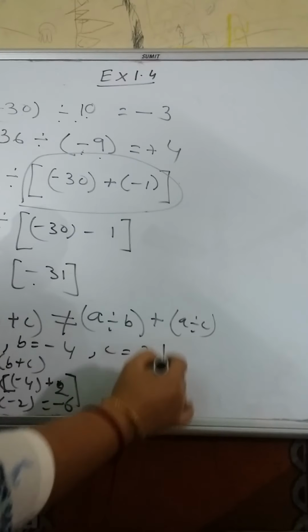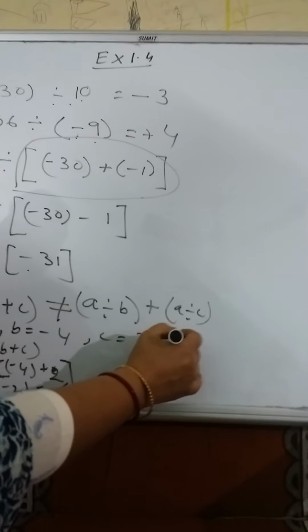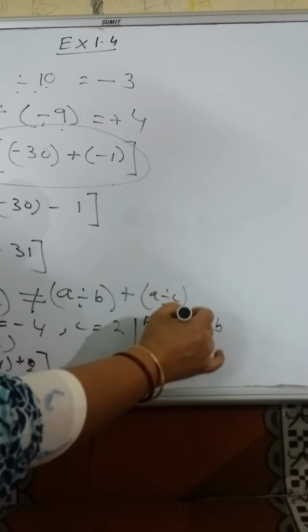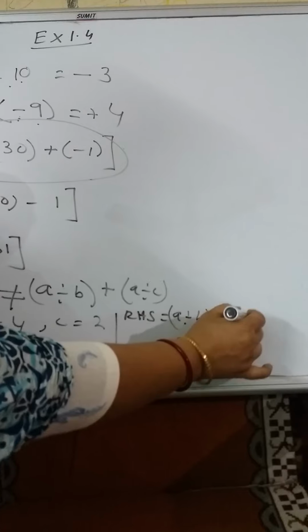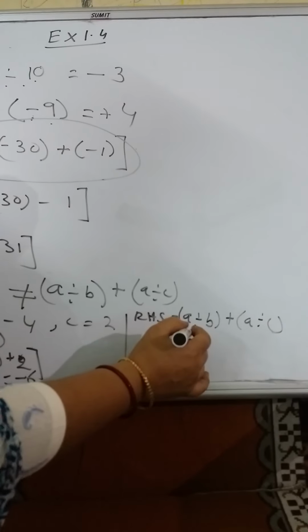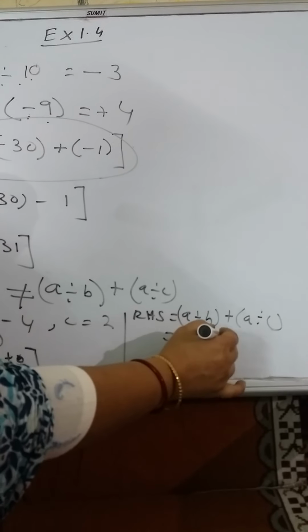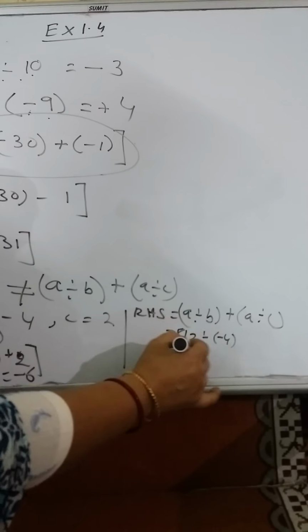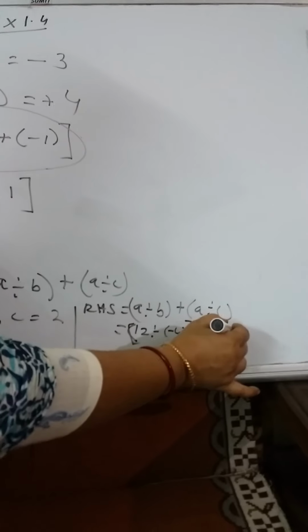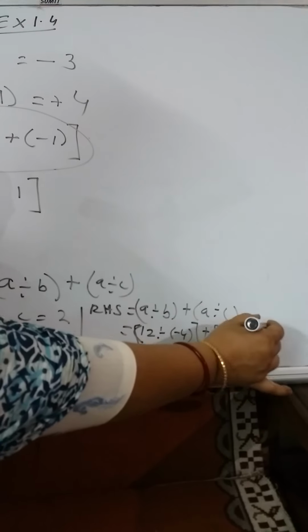Now the right hand side will be a divided by b plus a divided by c. So a divided by b is 12 divided by minus 4, plus 12 divided by 2.